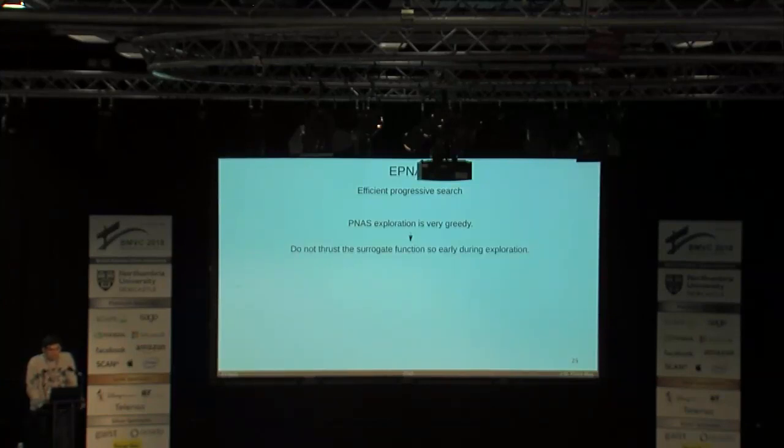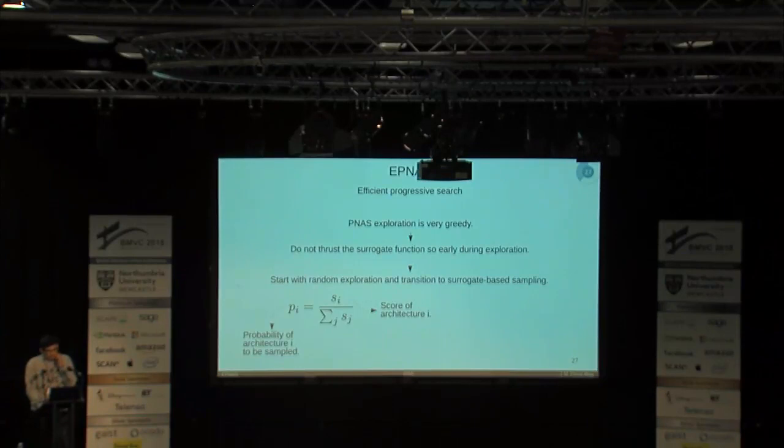But the main problem that we wanted to tackle is the intrinsic greediness of progressive NAS. We don't want to trust the surrogate function so early during exploration. So we better start with a more random exploration, so the surrogate function is able to see a bit better how the search space behaves, and then transition slowly to surrogate-based sampling. So basically, we change the greedy top K selection of PNAS and just do random sampling based on the score of the architecture.